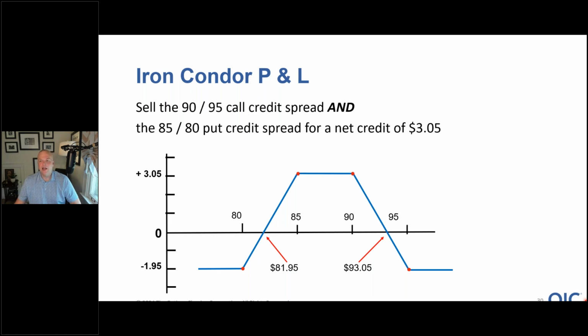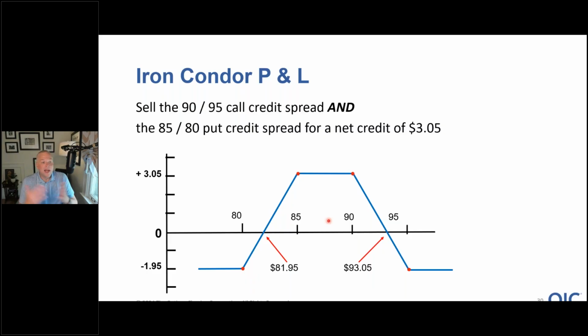This is the cushion that I talked about, where you might see the stock bounce around between 85 and 90, and 87 to 91, and then back down to 84. But as long as it stays within this range, especially at expiration, you're going to have a profitable trade.